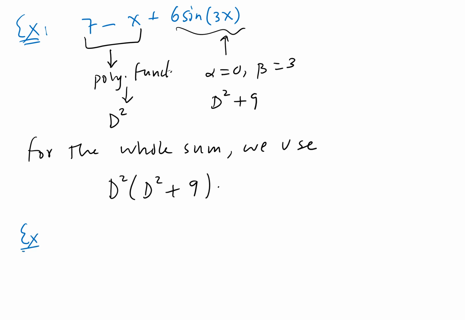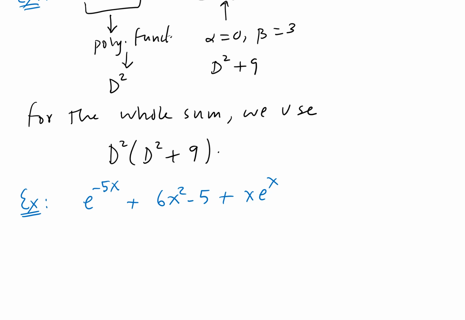Another example, e to the negative 5x plus 6x squared minus 5 plus x e to the x. Let's see. What do we have?